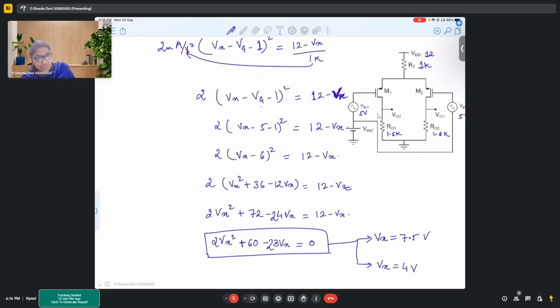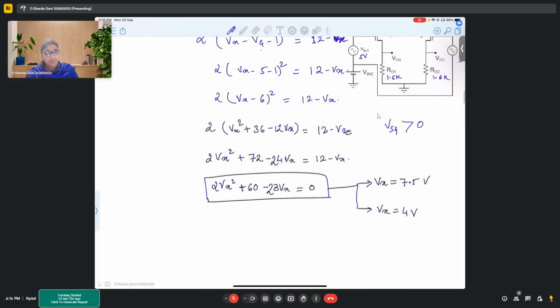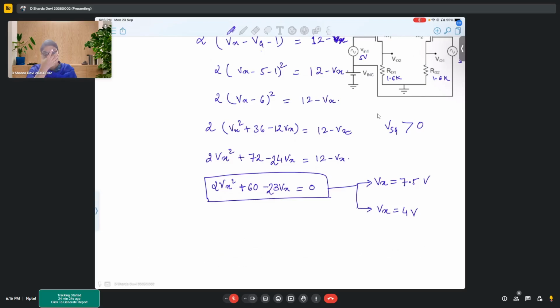So we have to solve this. We'll get two values, 7.5 and 4. And we already know that VINC, that is the common mode input, is already 5 volts. So we need to have VSG greater than 0, right? In our case, if Vx is 4 volts, is it possible to have Vx to be 4 volts to operate your transistor in saturation, or at least to turn on your transistor?